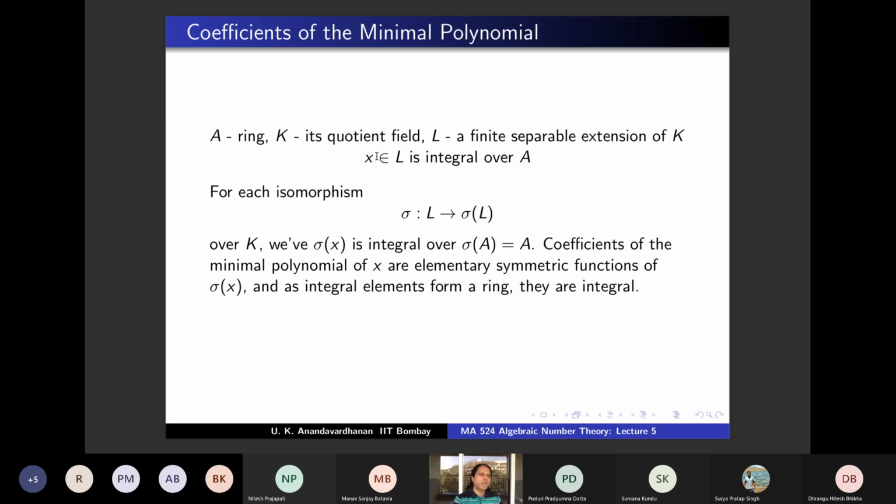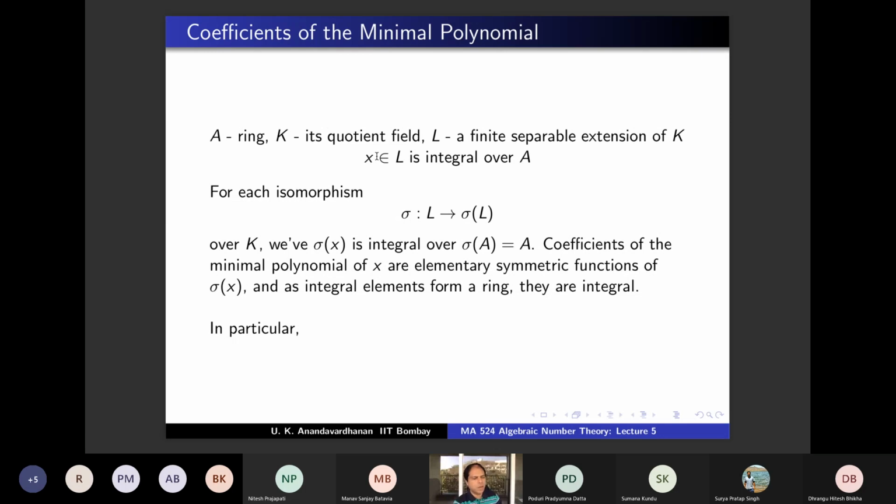Putting those two together, if you have an integral element, you take its minimal polynomial, all its coefficients are automatically integral. In particular, two coefficients have very famous names. What are they? If degree is n, there are n minus 1 many coefficients.